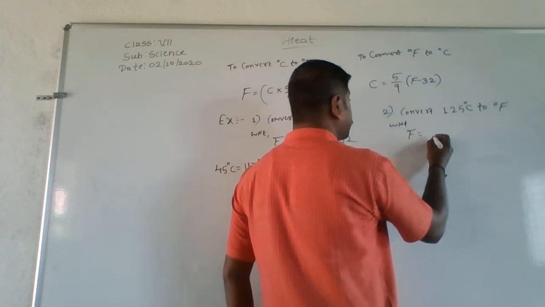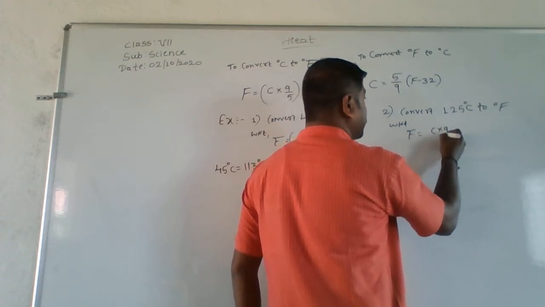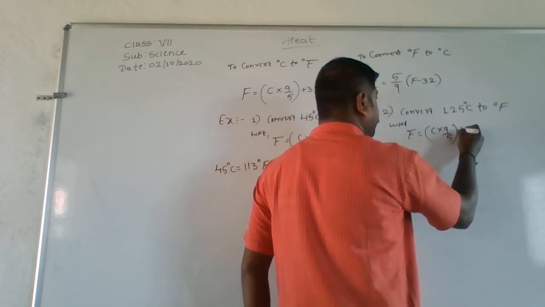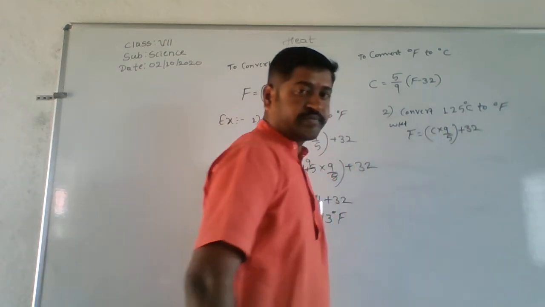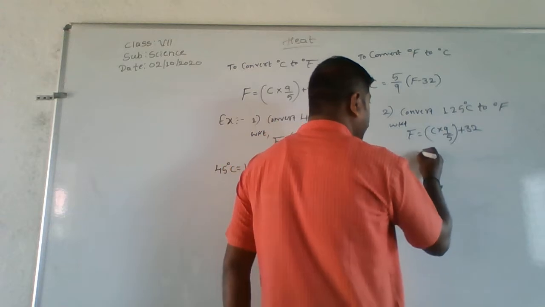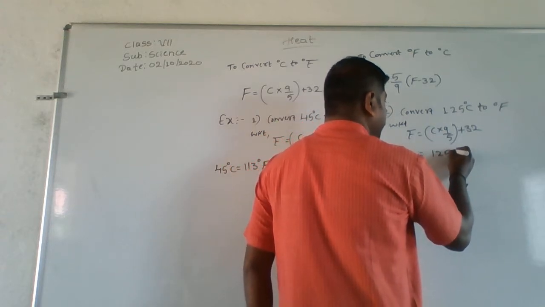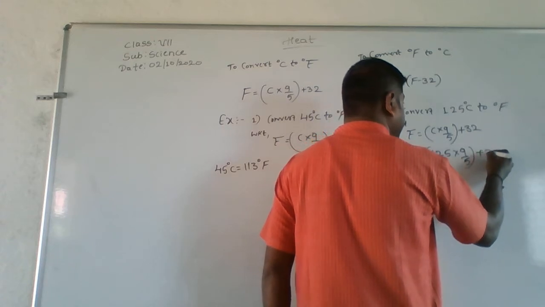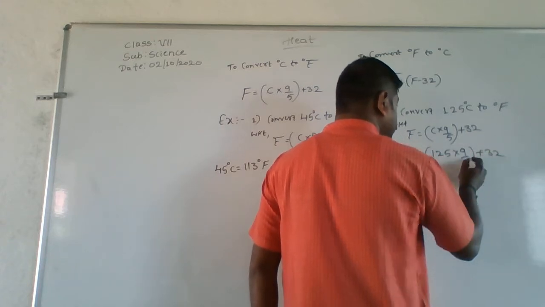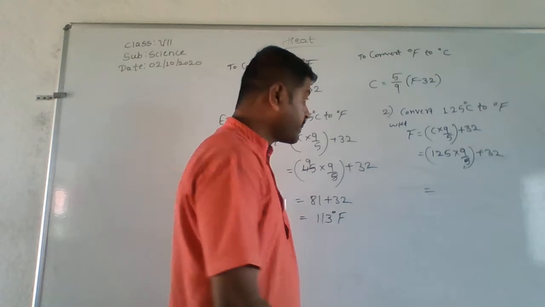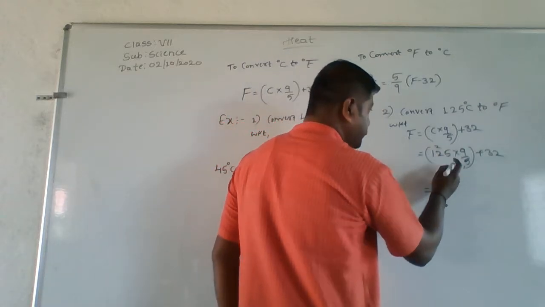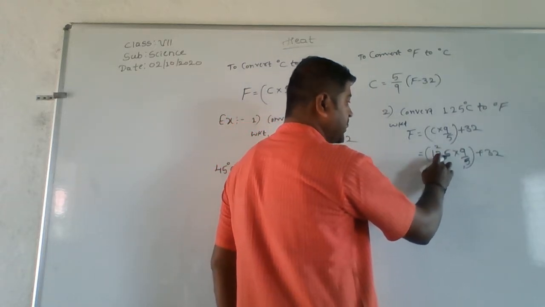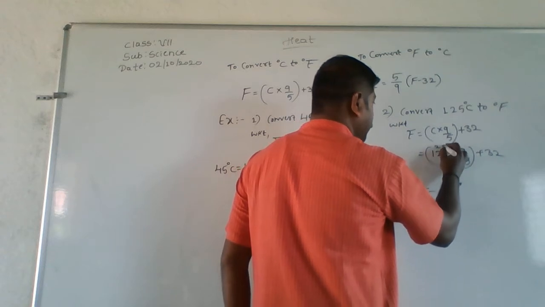F is equal to C into 9/5 plus 32. So what is C? They have given 125 into 9/5 plus 32. So 5 ones are 5, 5 twos are 10, it carries 2 and it becomes 25. So 5 5s are 25.